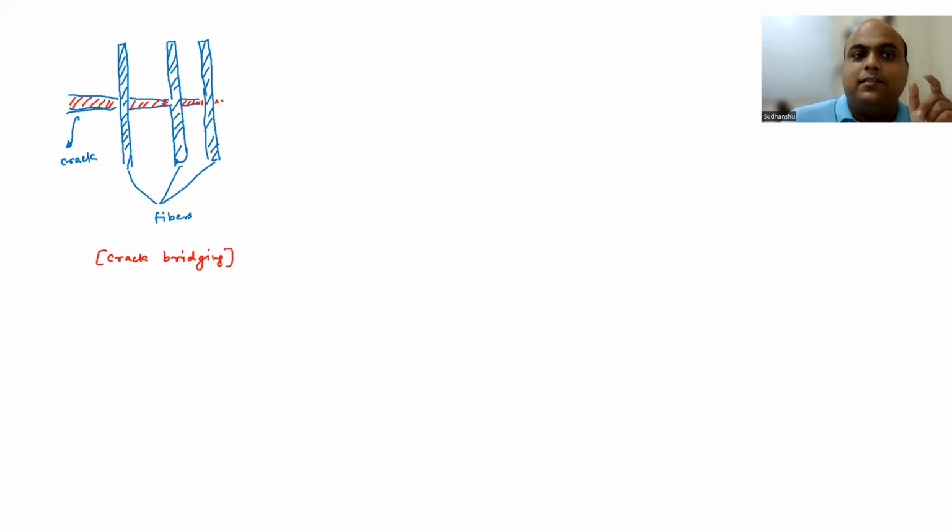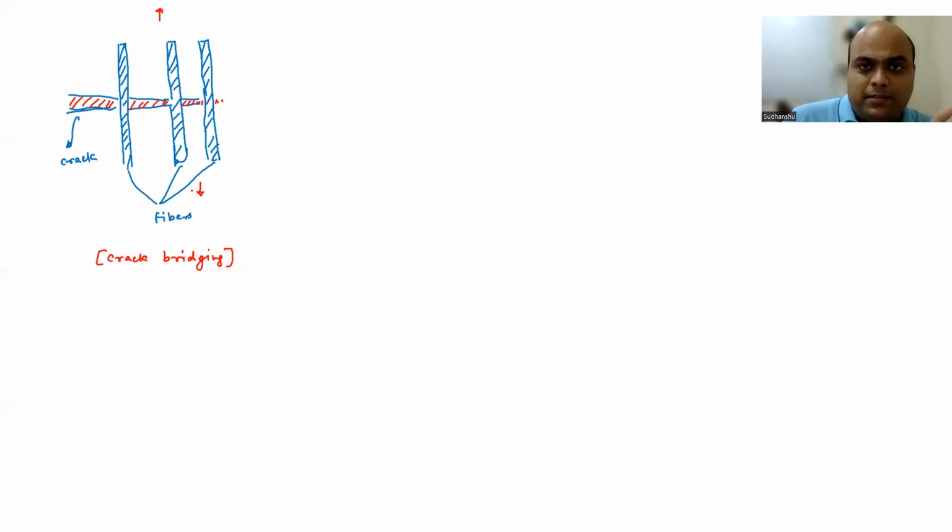Remember, when crack bridging is occurring and say we are applying load, right? Now, if you remember the stress concentration concept, if you now start drawing the stress trajectory, right? In front of the crack tip, assume that these fibers are not there, right? So in front of the crack tip, you're going to have certain stress concentration, correct?